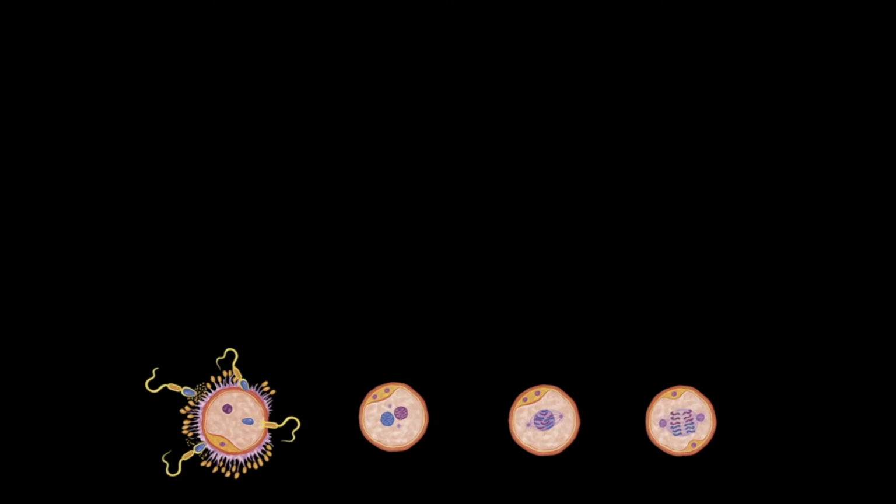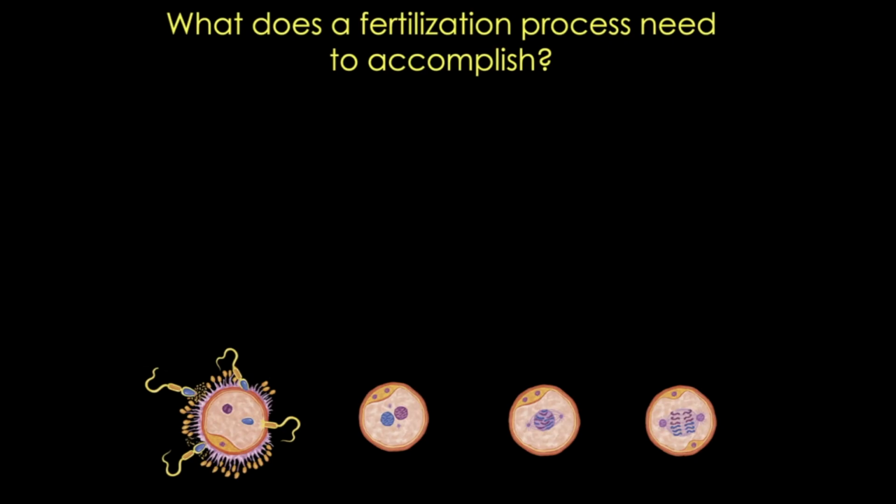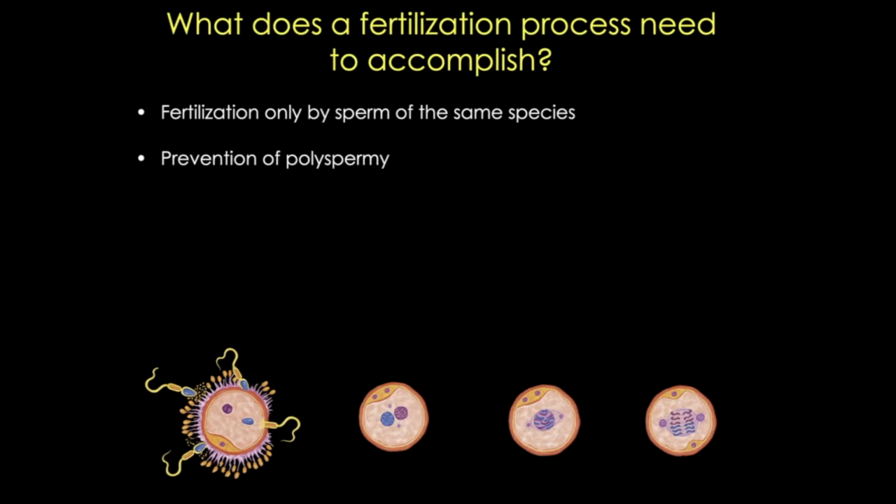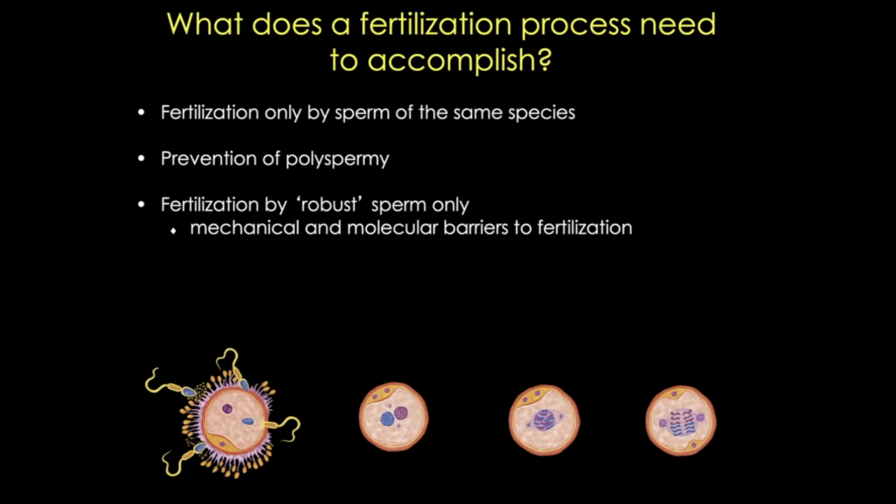of prenatal development. Now, before I review the steps of fertilization, I want to think about what the process has to accomplish, because this might help you better understand the reasons behind each step. First, the process ensures that the ovum is fertilized only by sperm of the same species, that only one sperm fertilizes one ovum, and that defective sperm can't succeed.